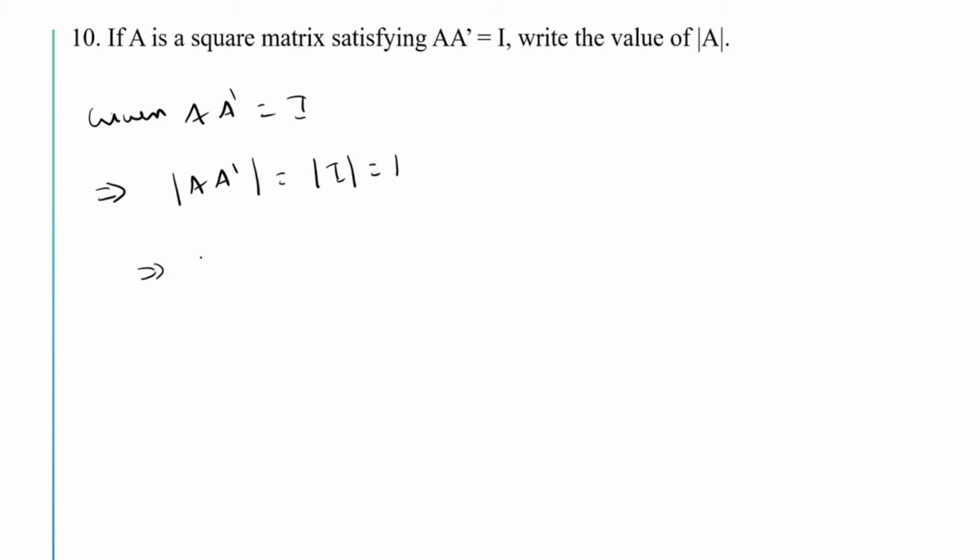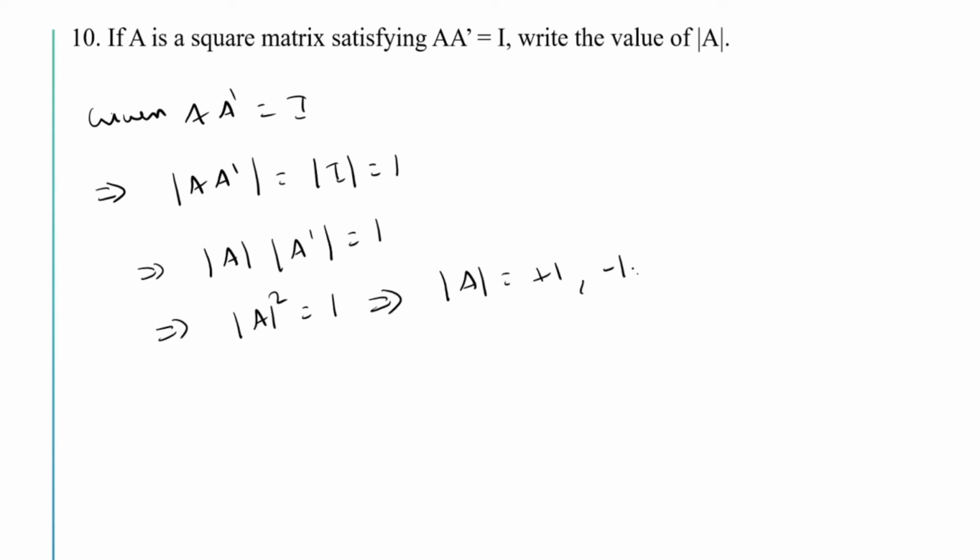So this means determinant of A into determinant of A transpose is equal to 1, or determinant of A the whole square is equal to 1. So from this we get determinant of A is equal to plus 1 or minus 1.